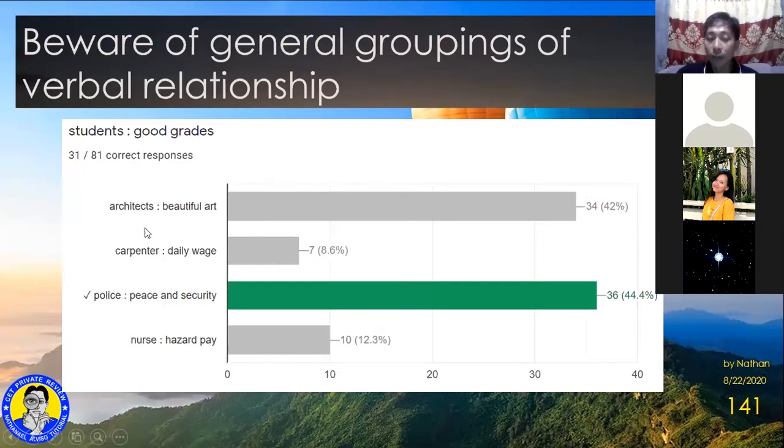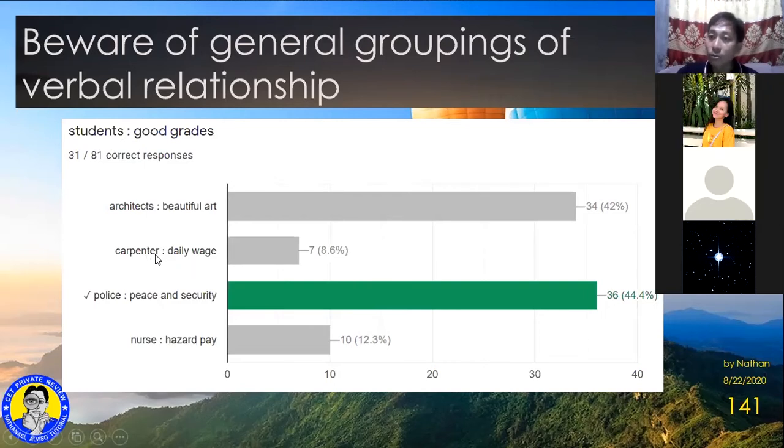But here, police aiming for peace and security. This is a general truth. That is the function of police. So that's where you could make the connection. Carpenter, daily wage. Of course, carpenters will aim to get a daily wage, but that is not really their purpose of being a carpenter, right?